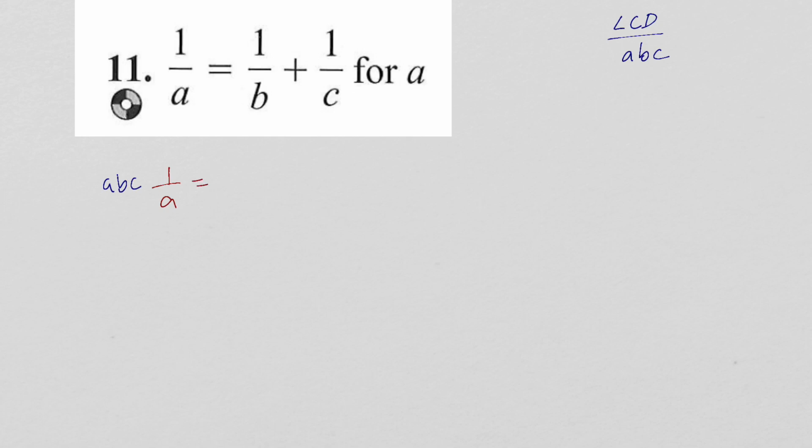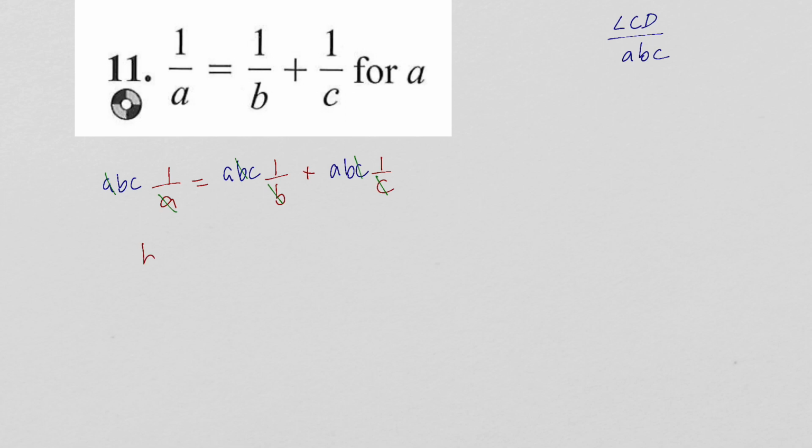That's equal to my 1 over b, and I'm going to multiply that by a, b, c, plus my 1 over c, and I'm going to multiply that by a, b, c. In other words, I'm just taking each term in this fraction and I'm multiplying by the LCD so that I get rid of my denominators. So this one, the a's cancel, this one, the b's cancel, and here the c's cancel.